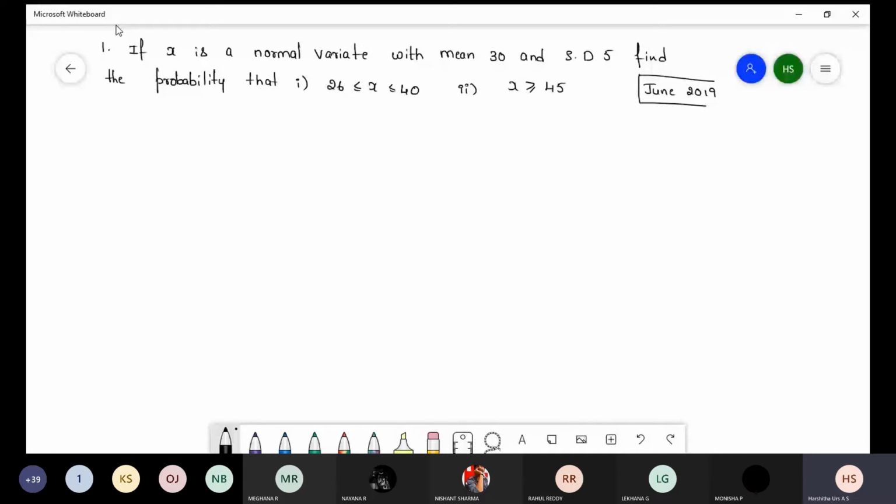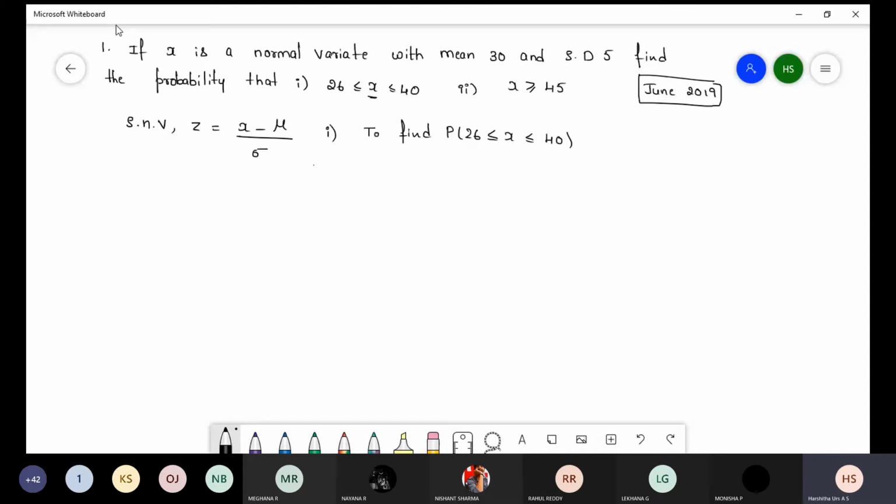Now, till now we were writing with respect to Z, but here they have given X. If they give X, we have to use the standard normal variate formula, that is Z is equal to X minus mu divided by sigma. So let us see the first problem. They have given P of 26 less than or equal to X less than or equal to 40.